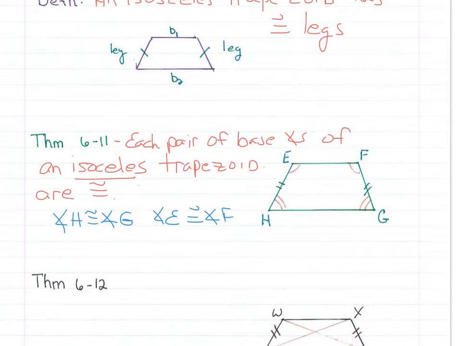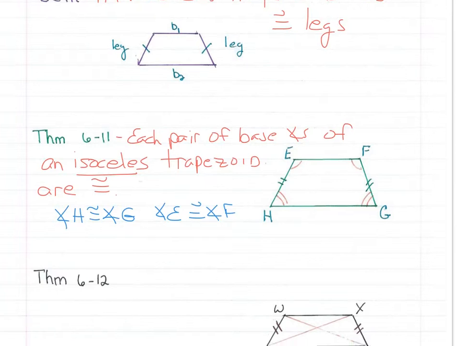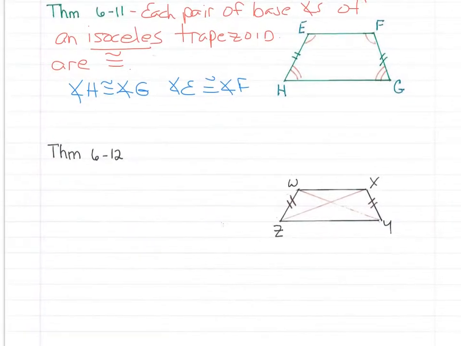But since in this trapezoid I don't have any diagonals drawn, I can use just H and G instead of EHG or HGF. Taylor, did you have a question? All right. Questions on that one? Then let's look at the next theorem that says the diagonals of an isosceles trapezoid are congruent.